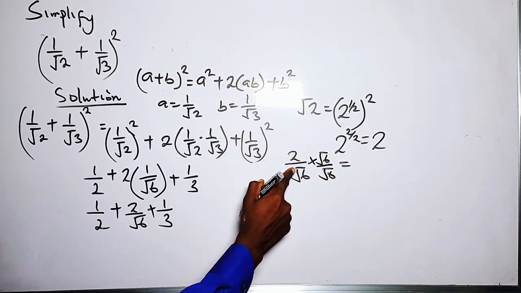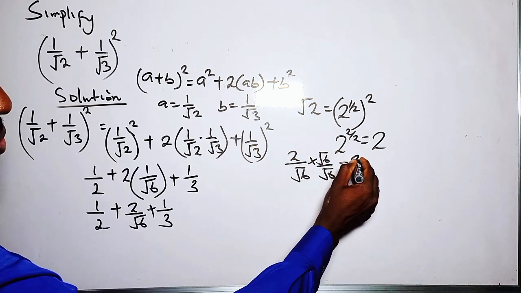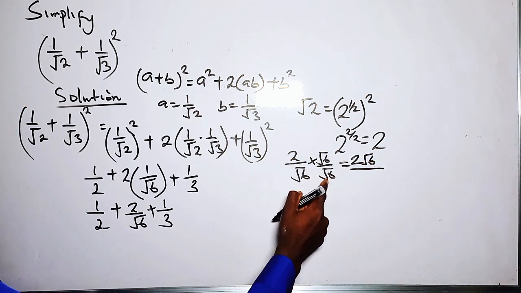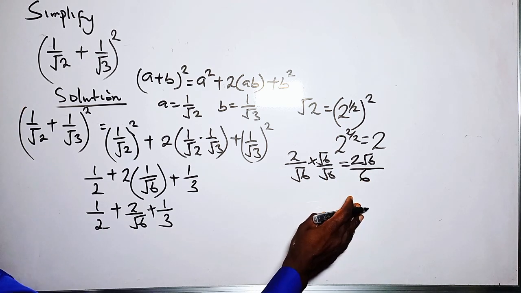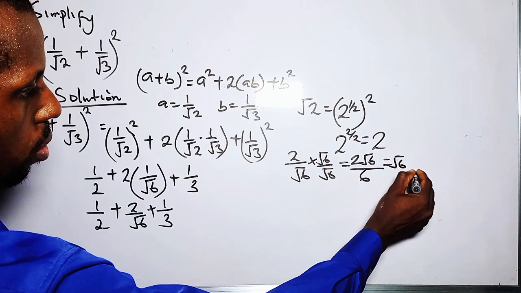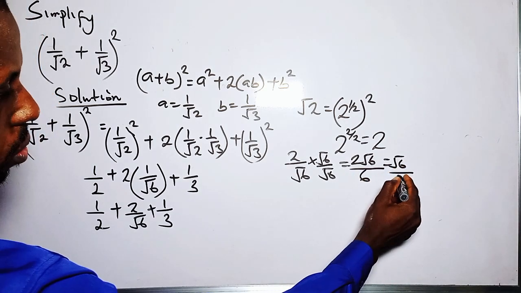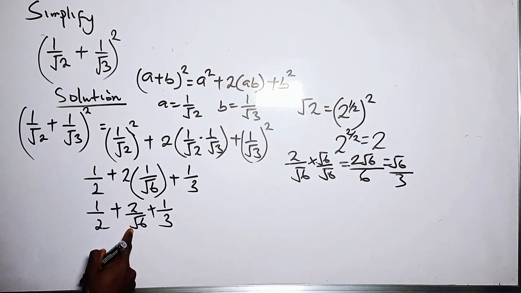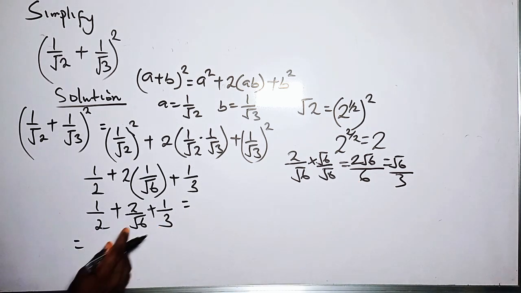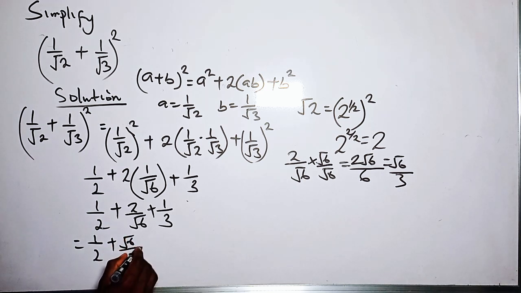We have 2 root 6 divided by 6, since multiplying the same roots gives the number itself. We can simplify this further to root 6 over 3. So we have 1 over 2 plus root 6 over 3 plus 1 over 3.